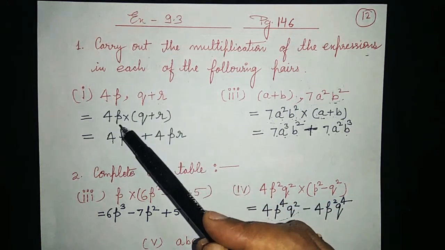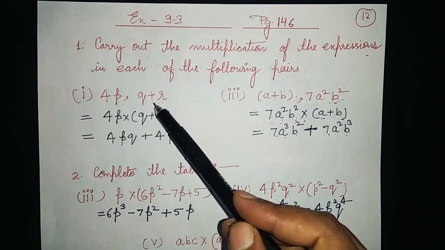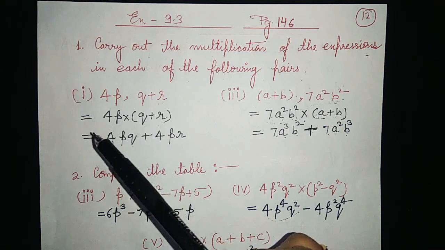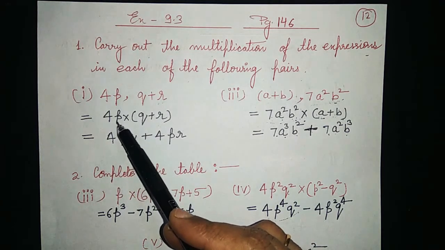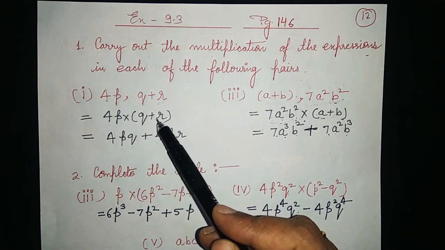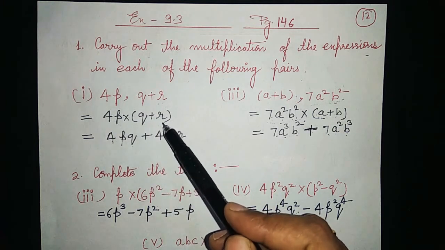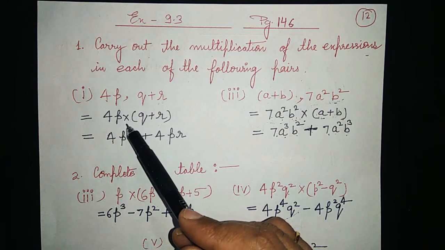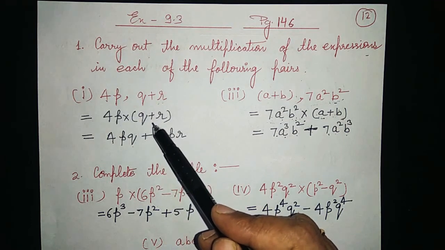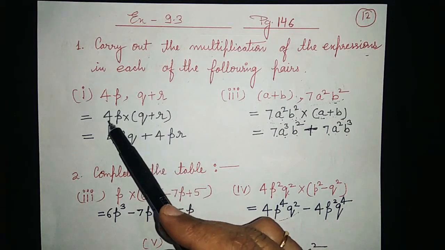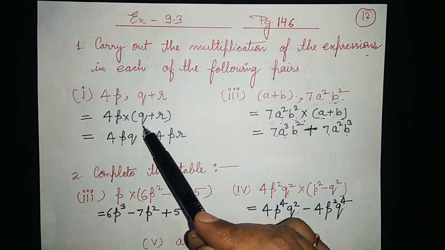Now, for the first step, we will write both with the sign of multiplication. 4p into q plus r. Now, we will use distributive property of multiplication over addition. First, we will multiply this 4p with this q.